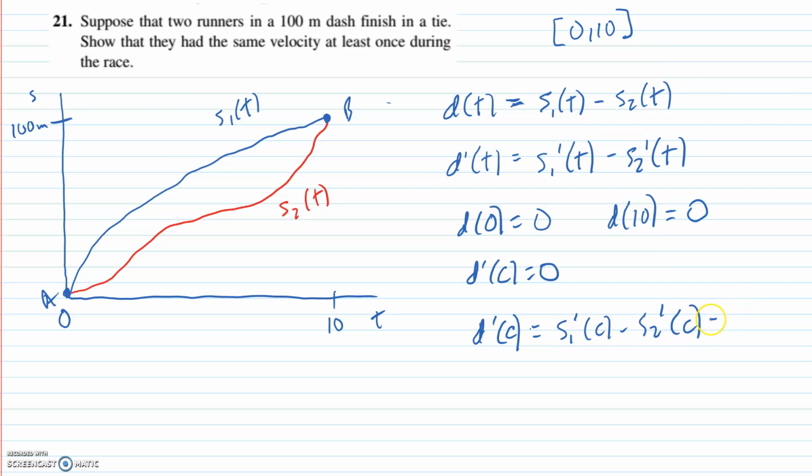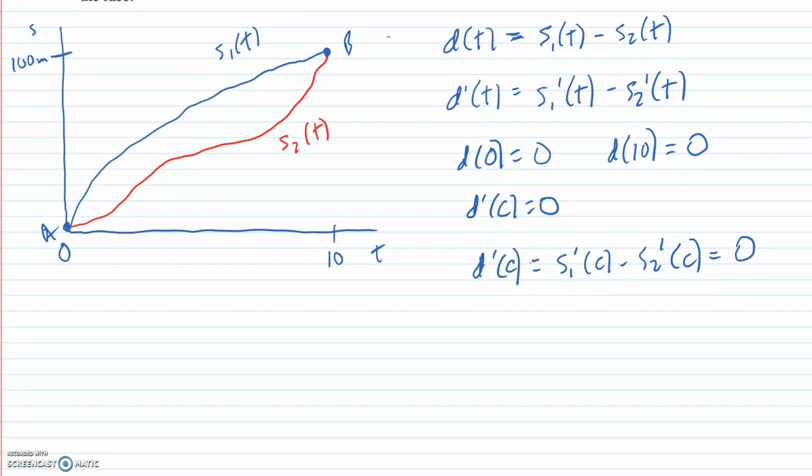And we know that there's one value of c that is guaranteed to yield the D prime of c equaling 0. Rolle's theorem guarantees that. Now, if the S sub 1 prime of c minus the S sub 2 prime of c is going to equal 0, then what we can conclude is that the S sub 1 prime of c must equal the S sub 2 prime of c.